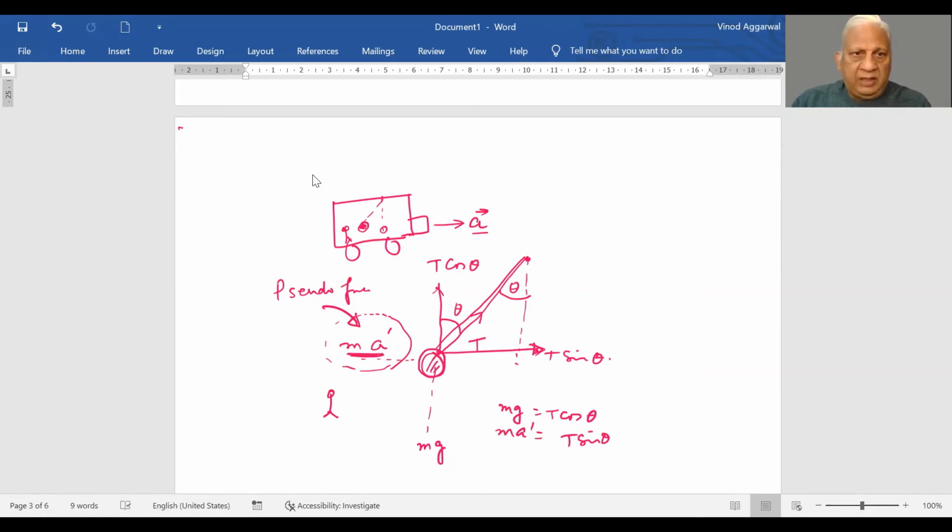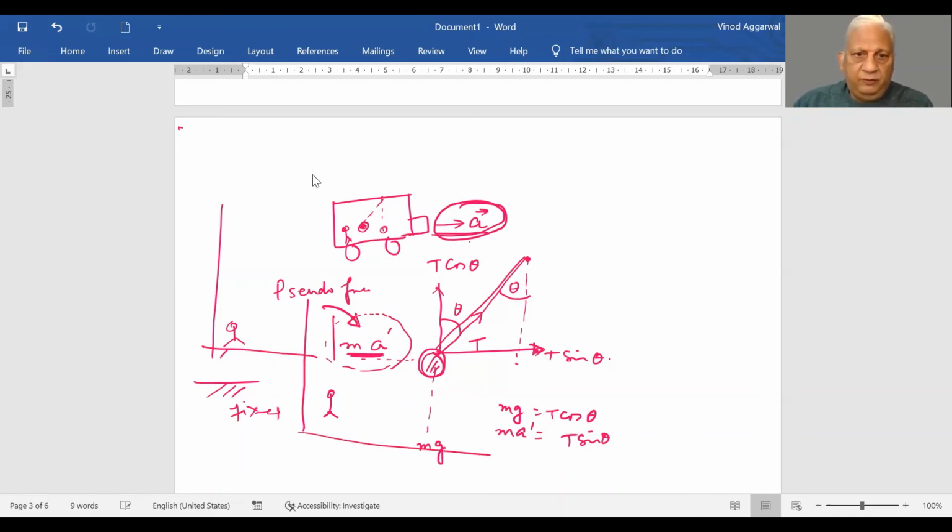If we see from a fixed reference frame, an inertial reference frame of the ground, there's a person here. He sees that only this force is acting on this body, whereas if we see from the point of view of a person inside the car, he sees that there's another force acting on the bob here, which is making it swing back.